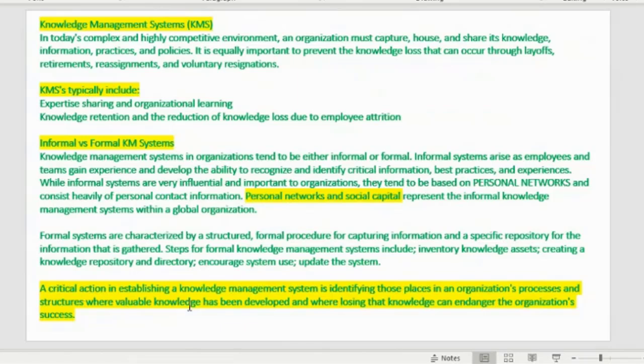Now, a critical action in establishing the knowledge management system is being able to identify those places in an organization's processes, structures, systems where valuable knowledge has been developed and where losing that knowledge can endanger the organization's success.